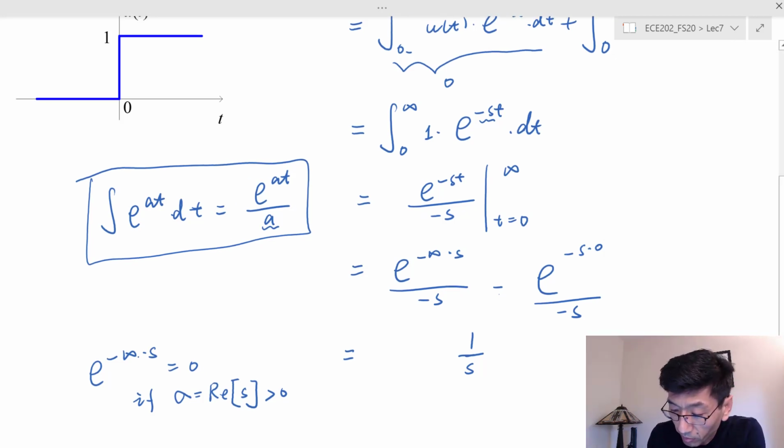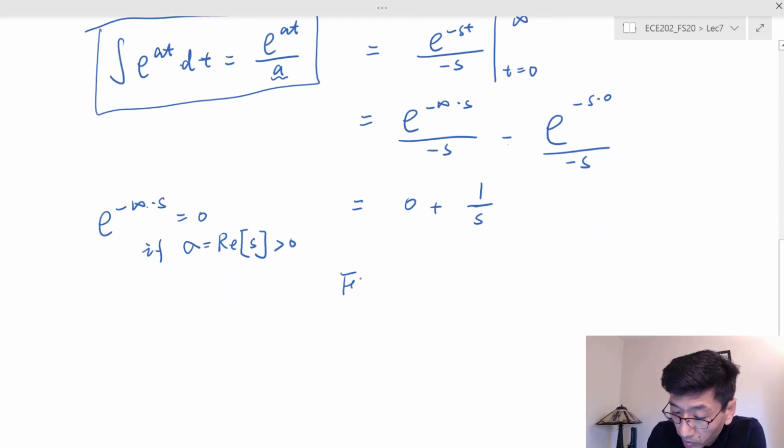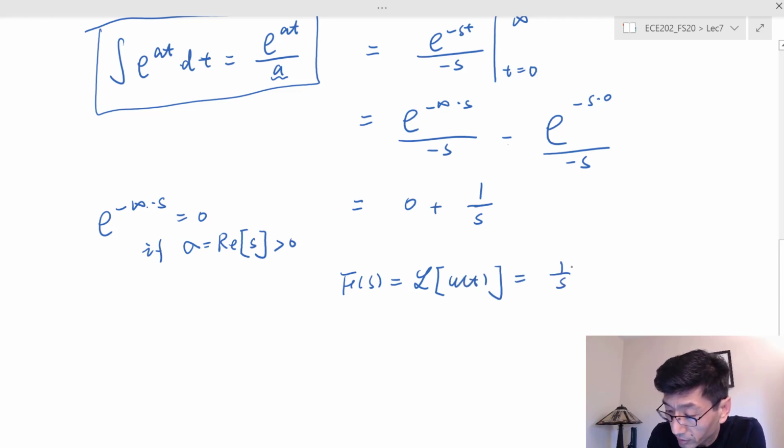So therefore this is 0 minus this is 0 plus. So therefore the Laplace transform for the unit step function is just 1 over s.